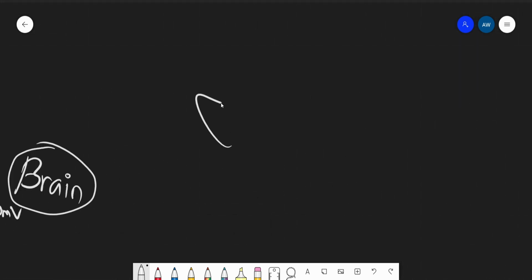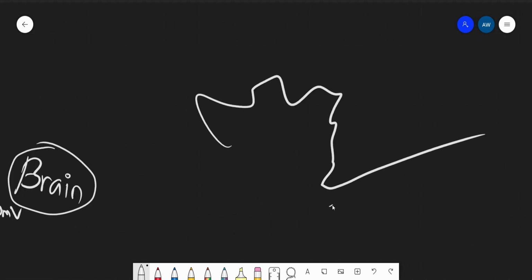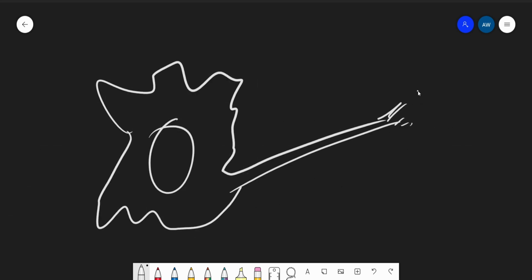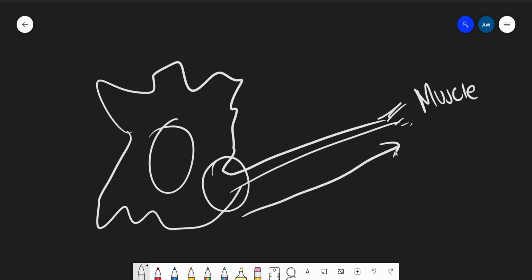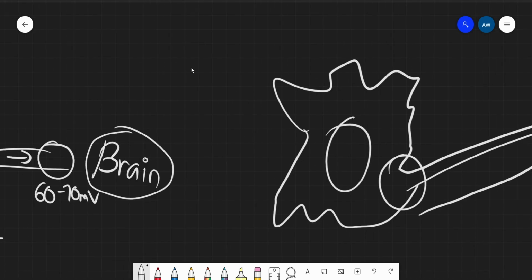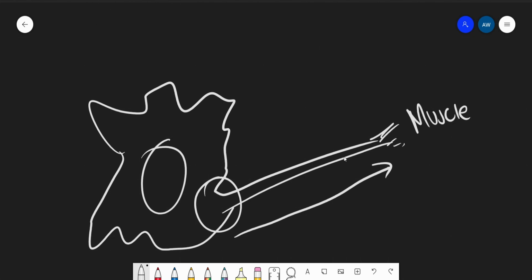If we have a motor neuron over here, and this connects to the muscle, and we have an action potential at this area, it will travel along the axon via the same mechanism that is used in the sensory nerve cells. And it will go to this end, and it's essentially the same principle.